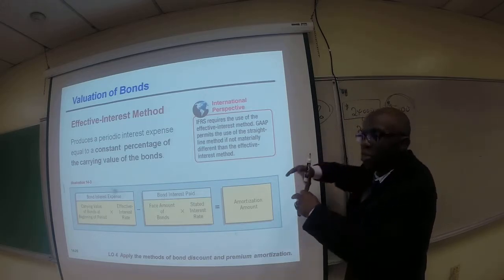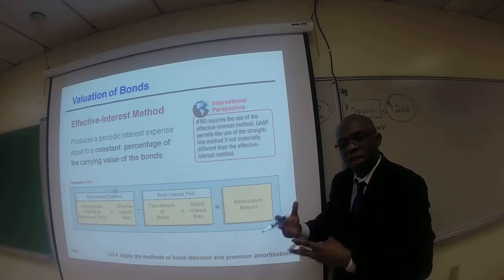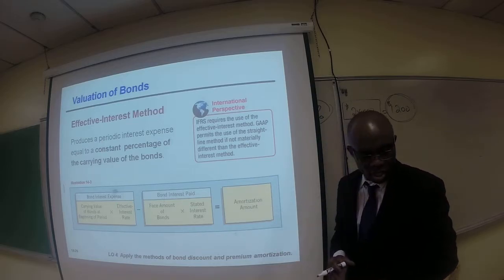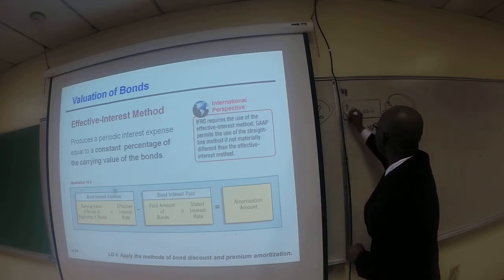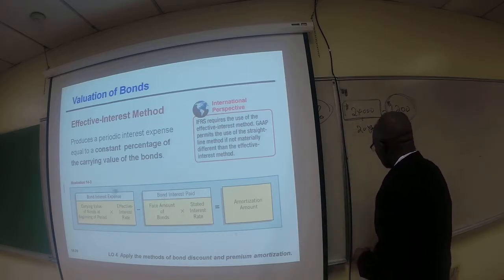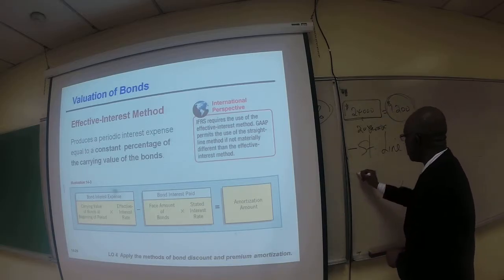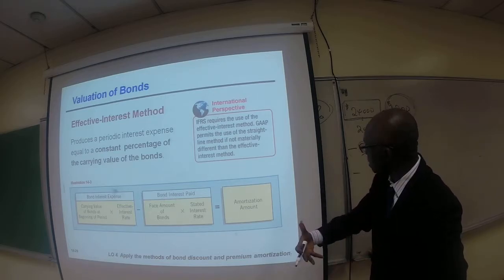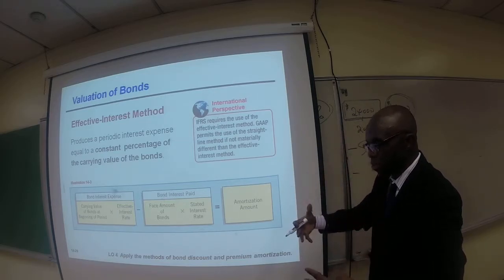So that is how we wind up amortizing or getting rid of the $24,000 every 6 months for 20 periods. Now, that is one approach. We call that approach straight line. So thus far, we have talked about the straight line method of amortizing discount or amortizing premium.